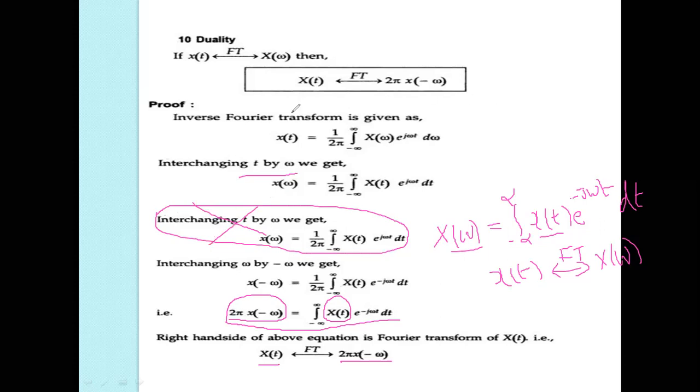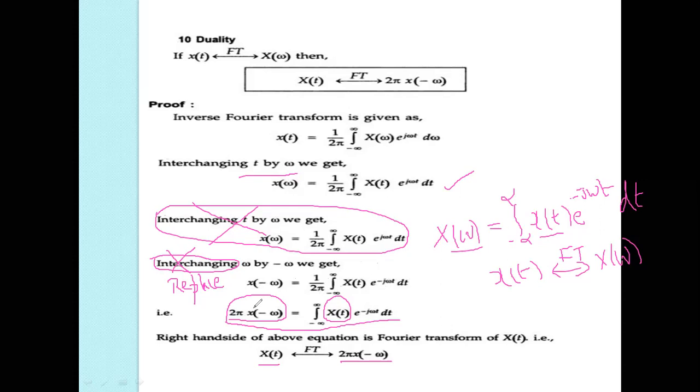To repeat: first take the inverse Fourier transformation formula and interchange t by omega, x of omega equals 1 by 2 pi integral minus infinity to infinity x of t e power j omega t dt. In this equation, replace omega by minus omega. We get x of minus omega equals 1 by 2 pi integral minus infinity to infinity x of t e power minus j omega t dt.